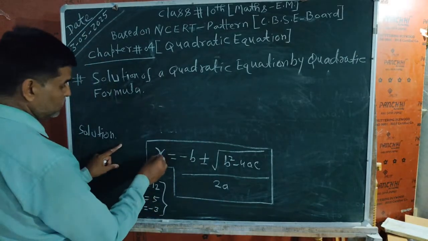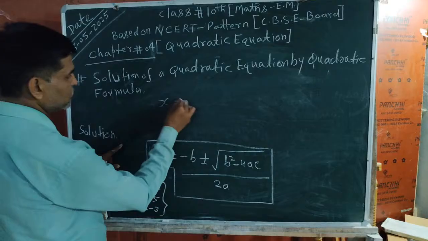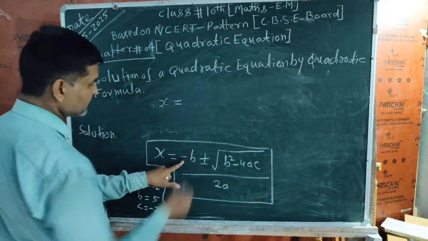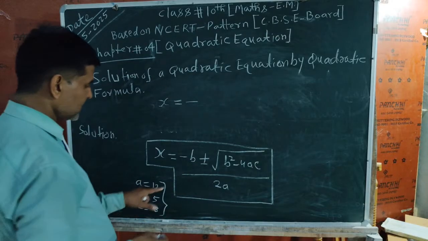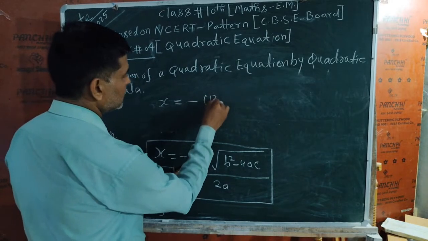So here I am going to put x is equal to, minus is available in the formula, and in the place of b I will put 12.